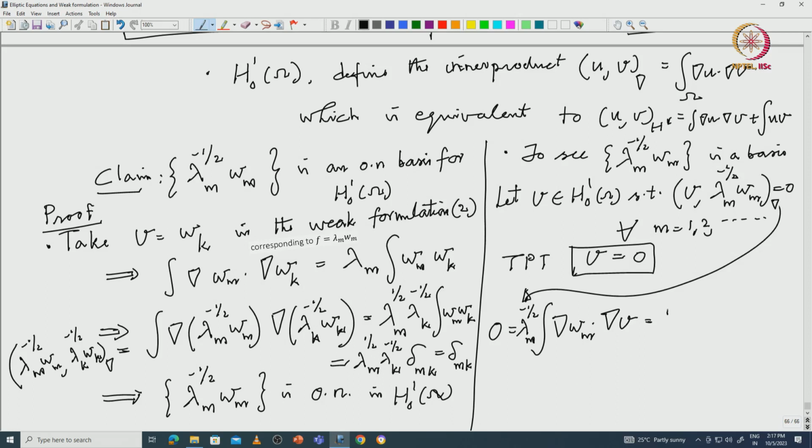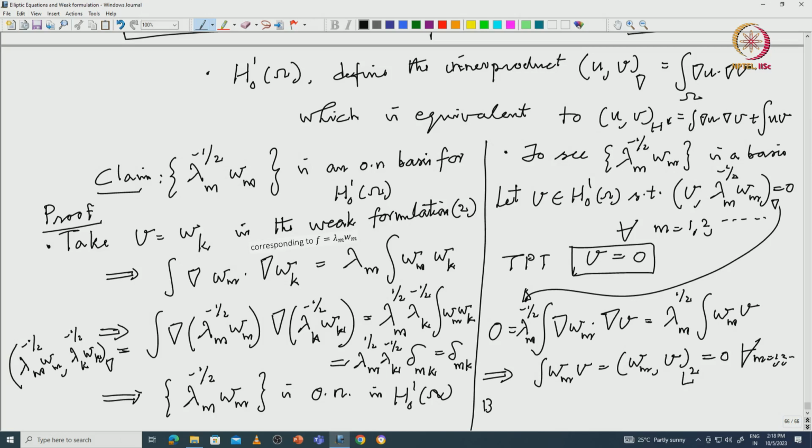So this will be lambda m power half integral of Wm V. So that implies the integral of Wm V, that is the L2 inner product, equal to 0 for all m equal to 1, 2, 3, but Wm is a basis for L2, that implies V equal to 0, because there is no vector independent of Wm.